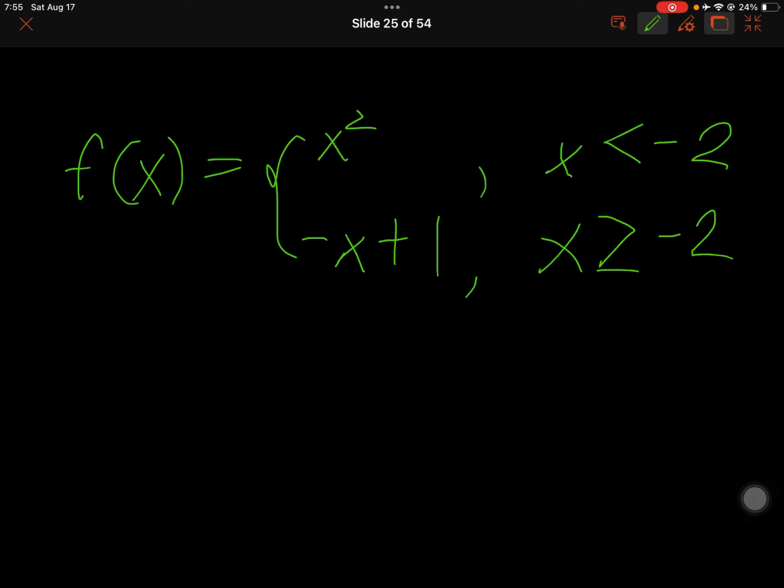For example, if we evaluate this one, if I would like to get f of x when x is equal to, let's say, -3.